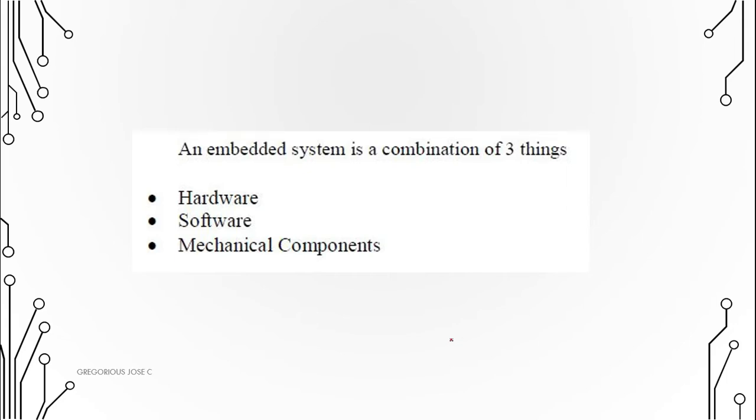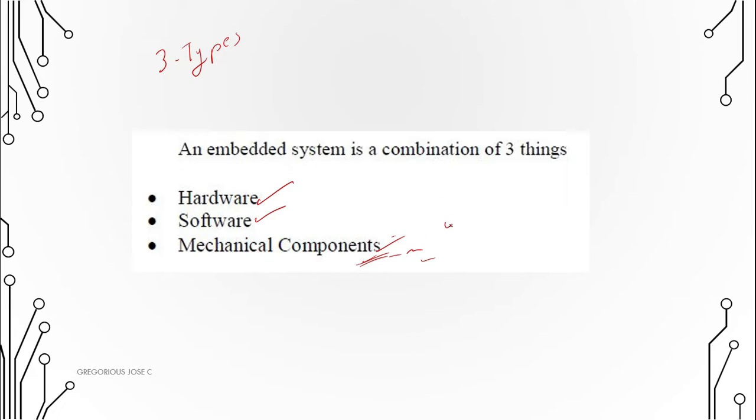Next, we can explain the combination; an embedded system is divided mainly into 3 parts, or we can say it is a combination of 3 components. First one is the hardware part. So there will be a hardware part, and there is a software part, and there might be a mechanical component. That is not necessary, but there may be a mechanical component such as a moving part, a motor, or such things.